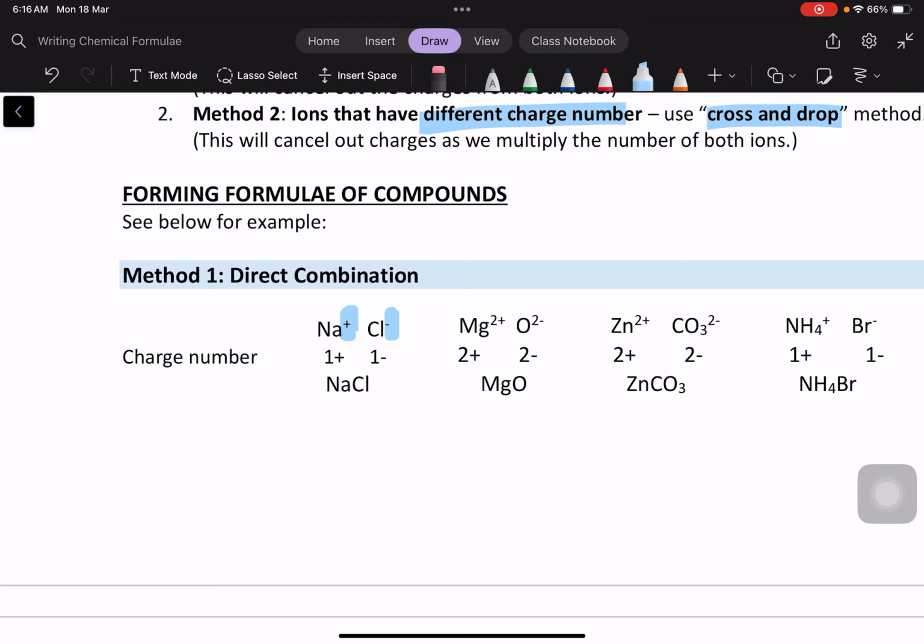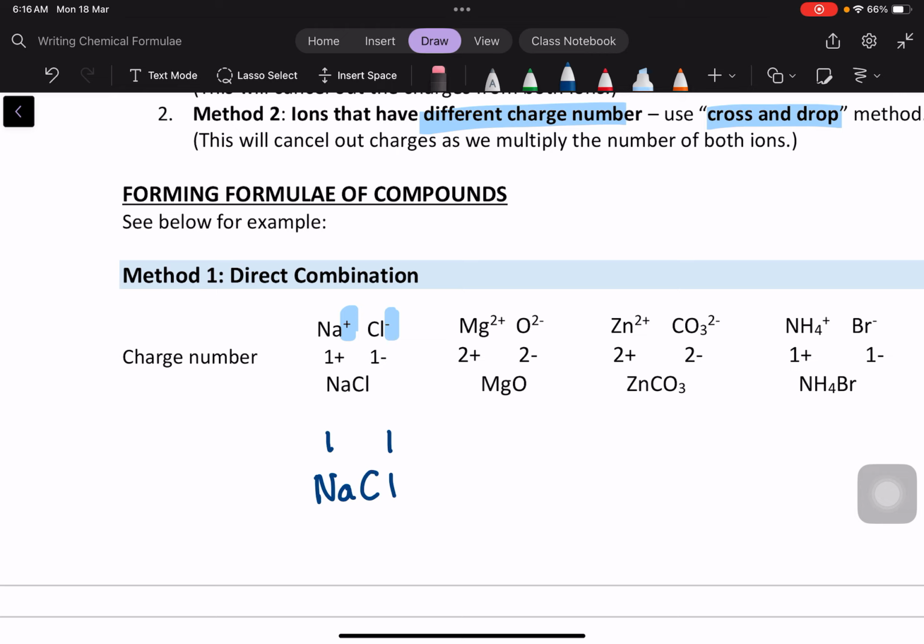When you combine these ions, you look at their charge numbers, 1 and 1. Since they are the same, you combine them directly, writing just NaCl. You don't have to add any additional numbers.